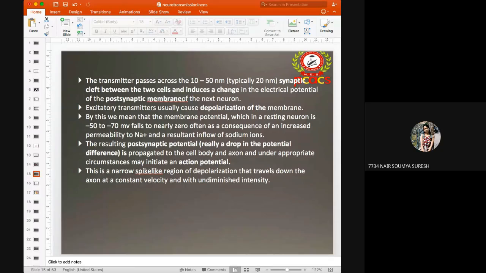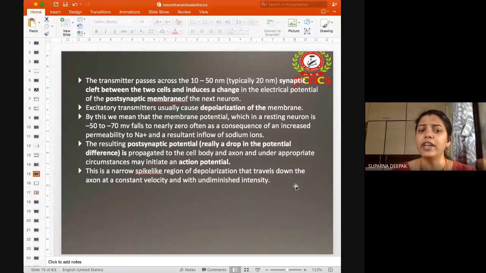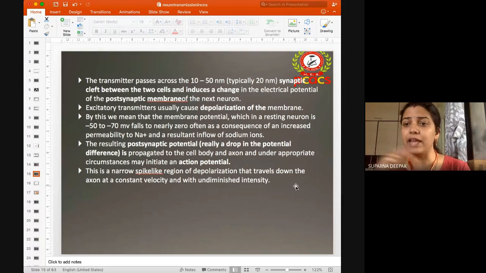Ma'am, can you please repeat the voltage sensitive channels, the last part? Yeah, see, whenever there is a change in the voltage, we saw that wherever you had these receptor associated channels, that region is kind of localized, because there are not so many channels present at that particular region.